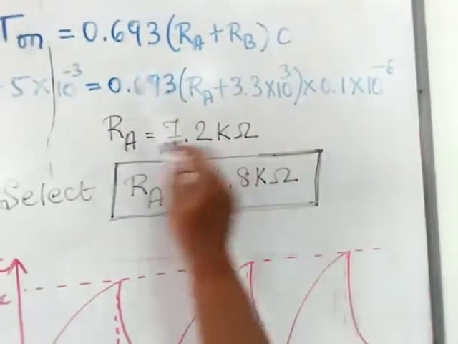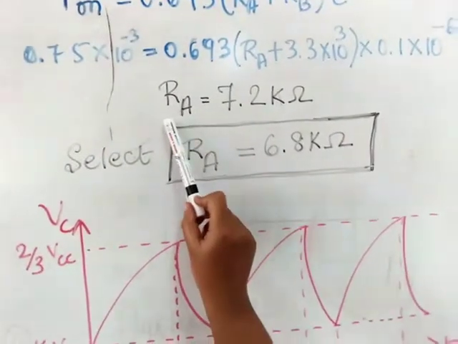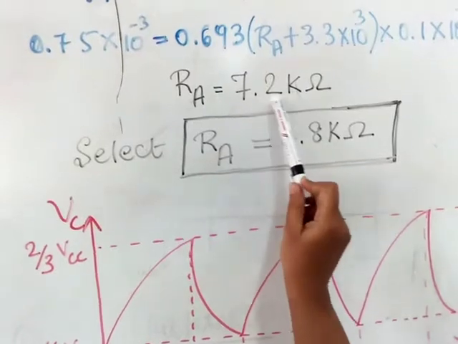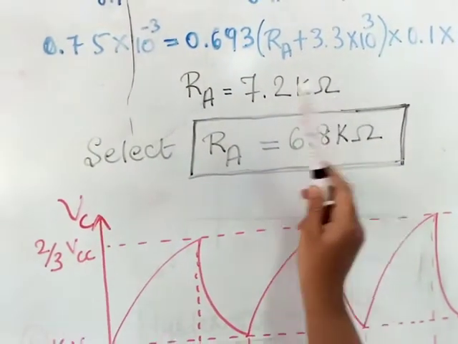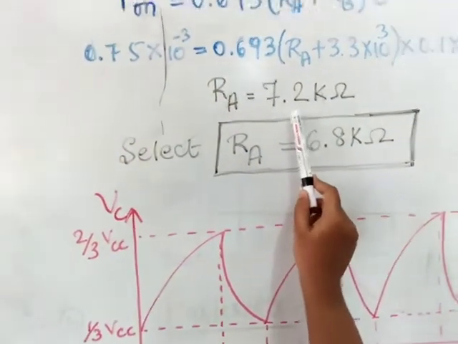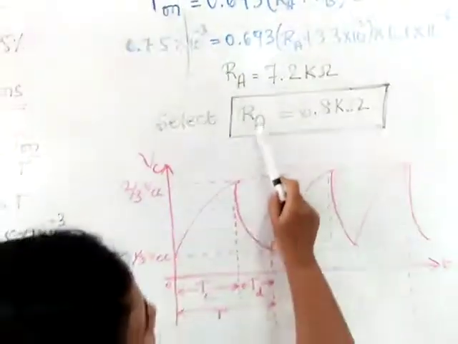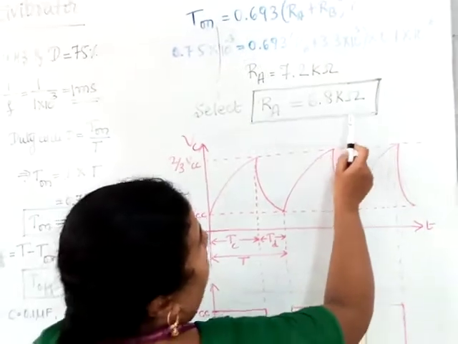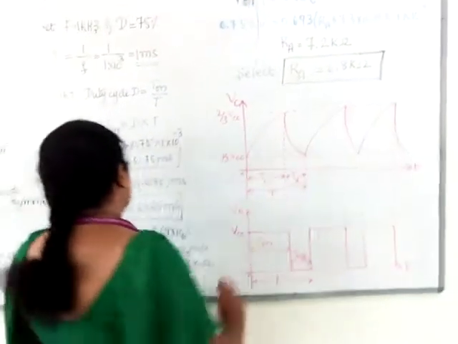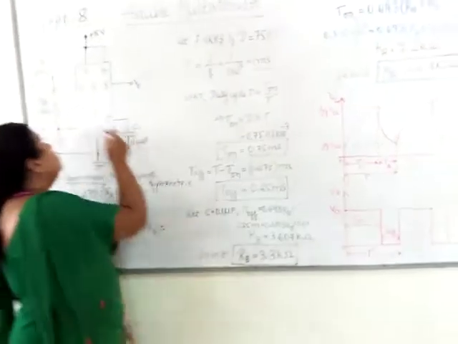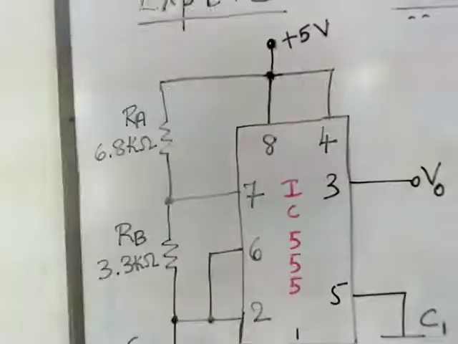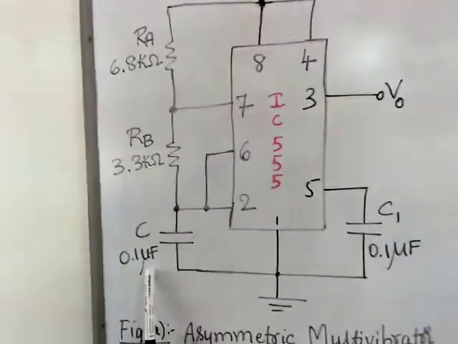Simplifying all this, we get RA equals 7.2 kilo ohm. But the standard value of resistance available is 6.8 kilo ohm. So choose RA equals 6.8 kilo ohm. So RA is 6.8 kilo ohm, RB is 3.3 kilo ohm, and C is 0.1 microfarad.